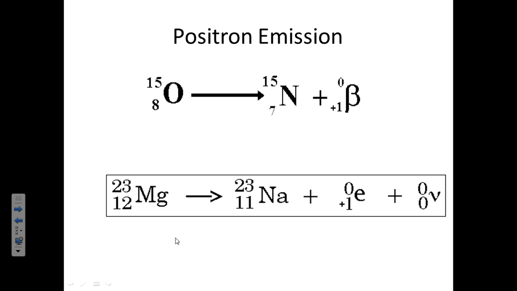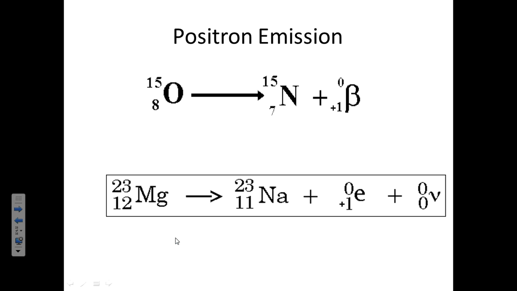But what does change? Atomic number. And essentially what's happening is the proton is shooting out its positive charge and leaving behind its mass, the neutral part. So a proton becomes a neutron, essentially.